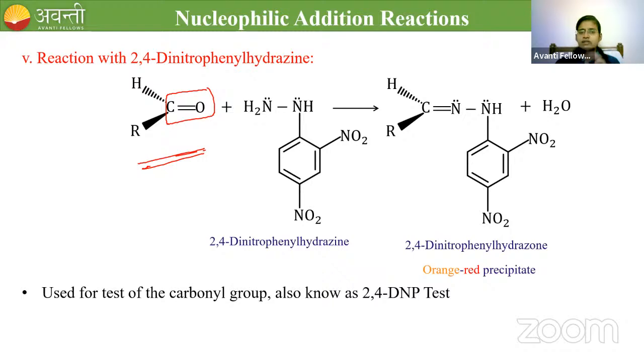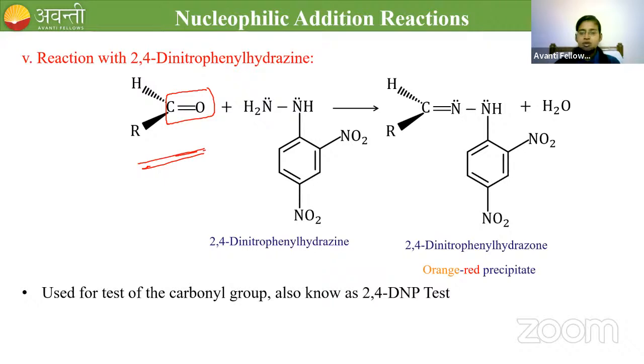This is how they differentiate, and they use this as a test for the presence of carbonyl group. Is it clear to all of you? Any doubt? So why is the 2,4-DNP test used? It is used to test the presence of carbonyl group. This is one very important question. You should know. Shall we go for the next?